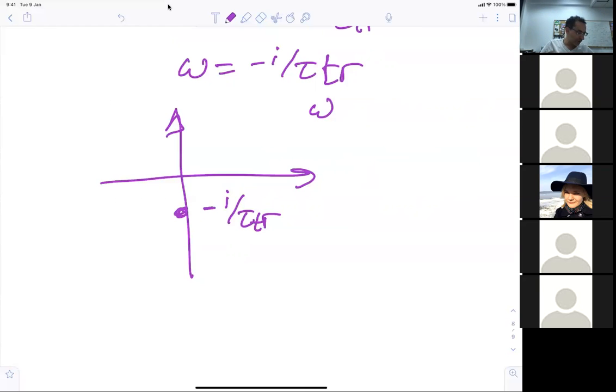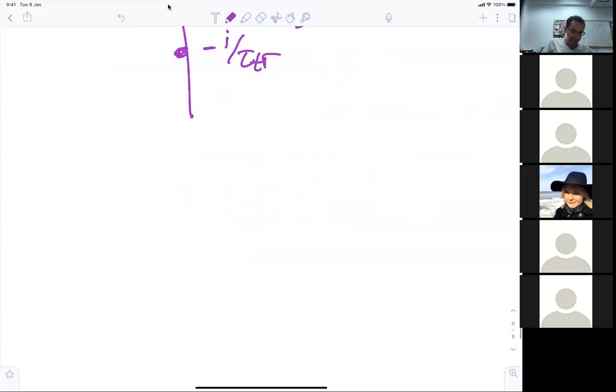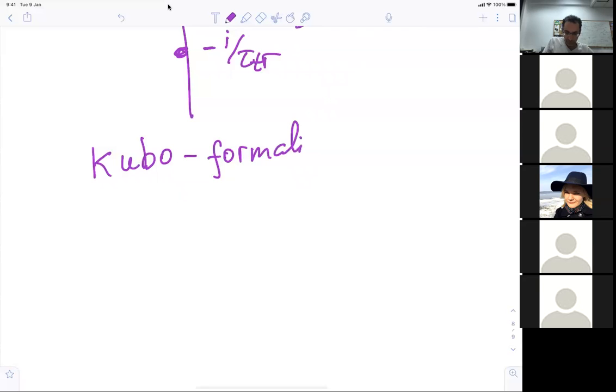Of course, the alternative derivation would be by using the Kubo formula.